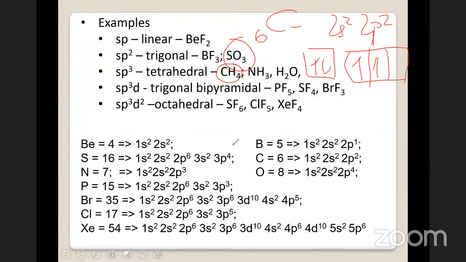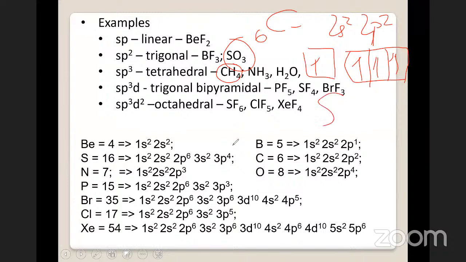Now, valence shell electron pair repulsion theory tells us that the pair will be repelled. So this bond then goes to form that.